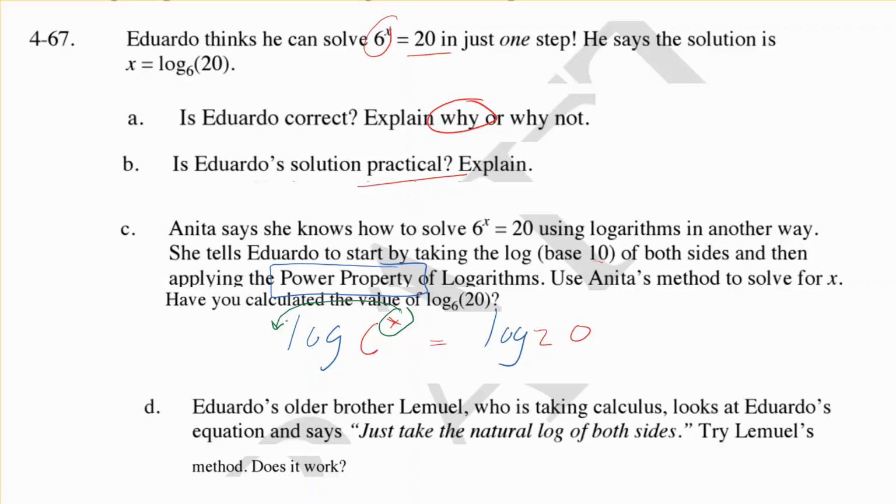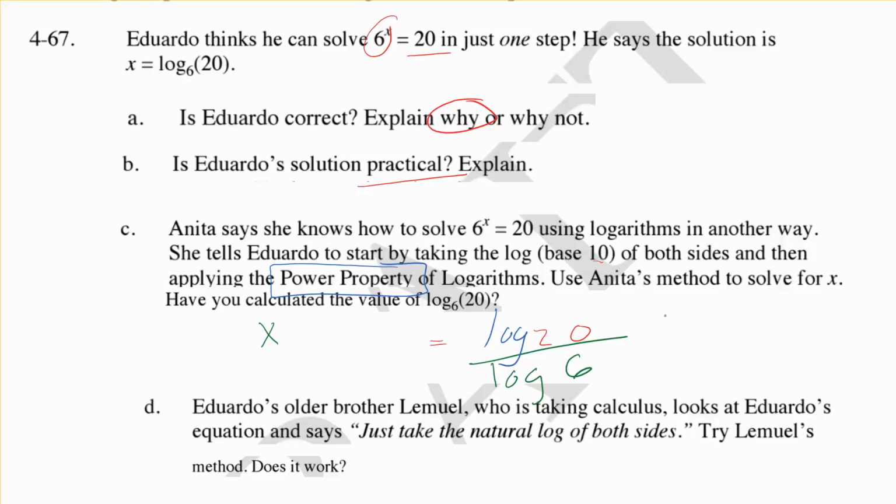So now I have x times the log of 6 equals the log of 20. To get x by itself, I can just divide by the log of 6. So we've got x equals log of 20 over log of 6.